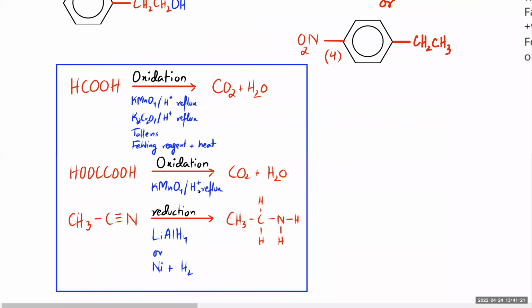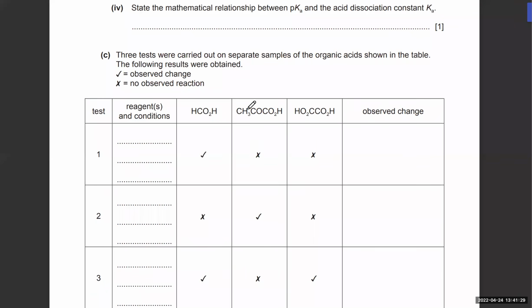Oh, okay, sir. Even other organic acids, they don't react. So this one is obviously out of the question. It's not going to react. These are the only two that get oxidized, but they get oxidized by different reagents. Both of them get oxidized by KMnO4, but the first one can get oxidized by Tollens or by Fehling's as well.